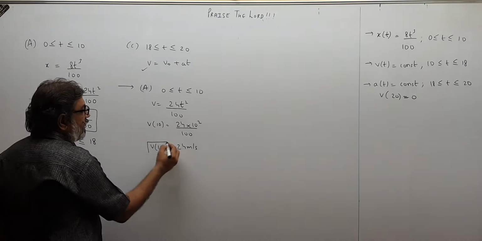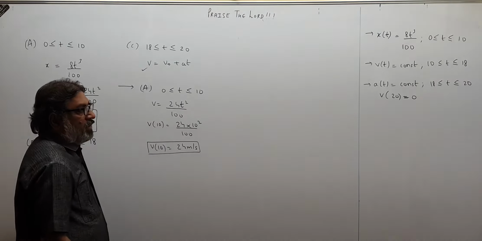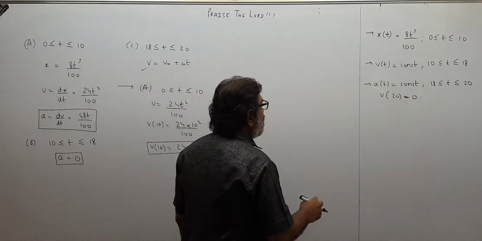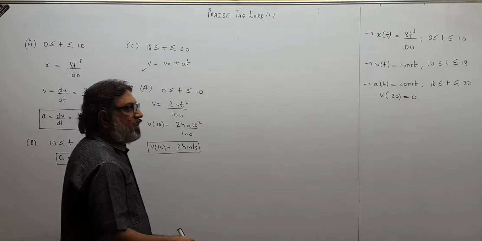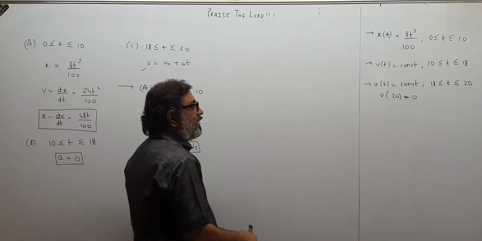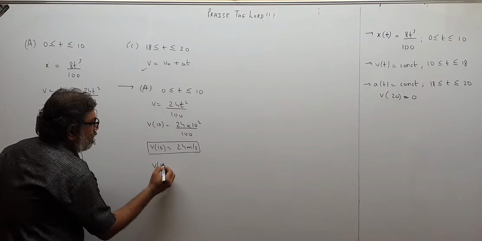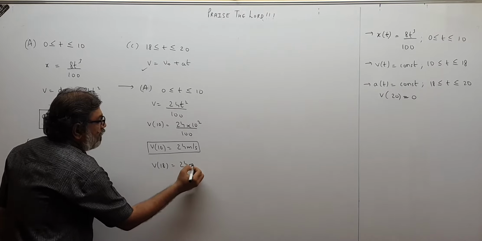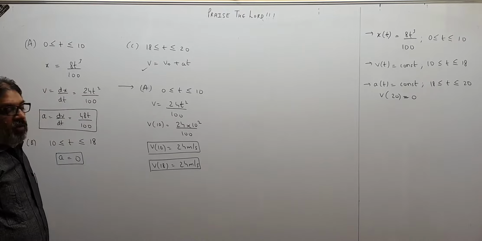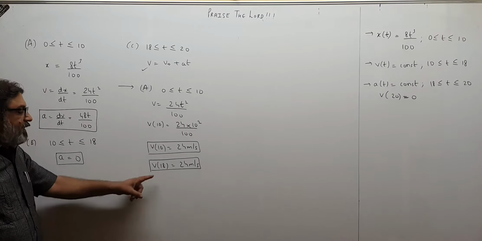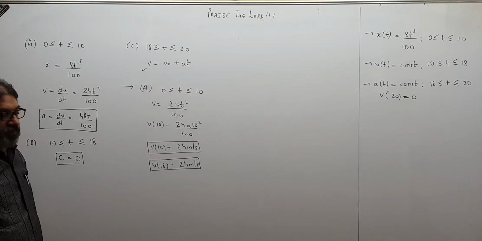Then it was said from 10 to 18, your velocity was constant. That means velocity at 18 seconds was also 24 meter per second because it was constant between 10 and 18. So this way I come to know at 18 seconds what is my velocity, Vo.